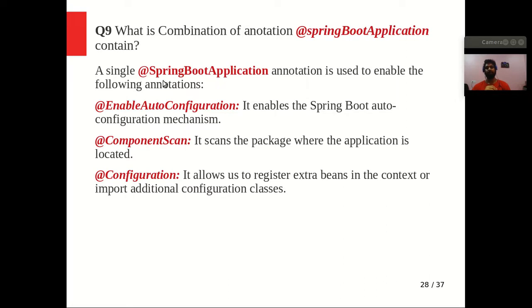In place of the @SpringBootApplication annotation, we can use these three annotations. But Spring Boot has given this single annotation which does these three works. It enables the auto configuration, it also scans the components, and it also does the configurations, right?